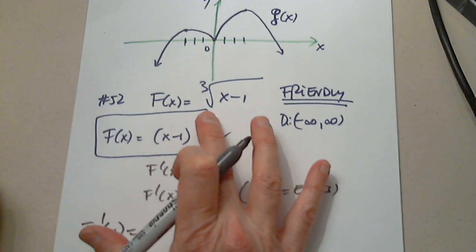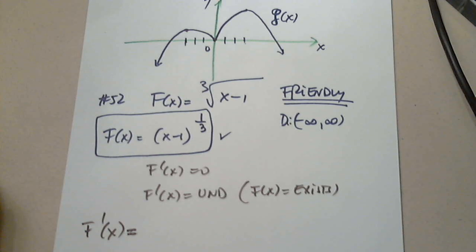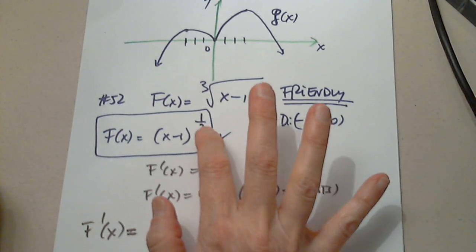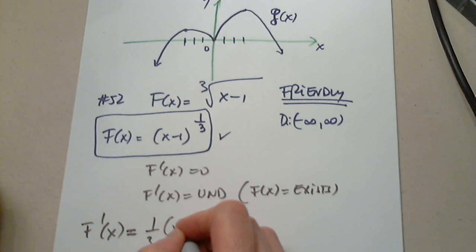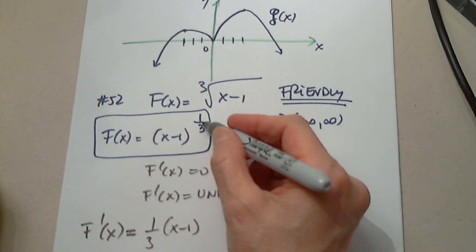So this is a function to a power. How do we differentiate a function to a power? Anyone, please? Power rule? Anyone? I'll multiply it by 1/3. Yes, put 1/3 in front. X minus 1 to which power?